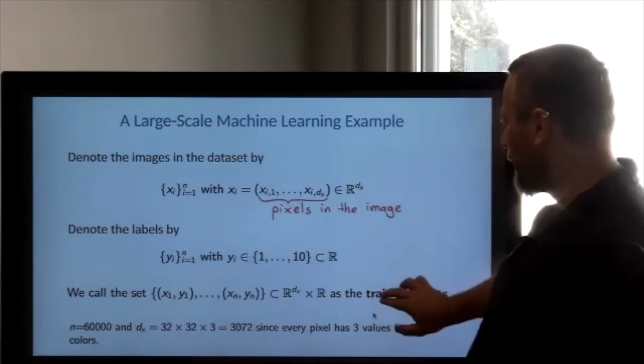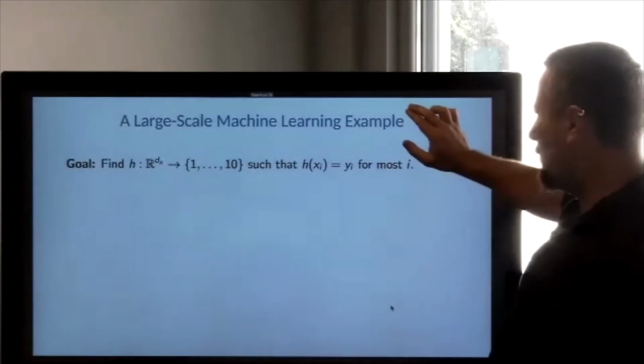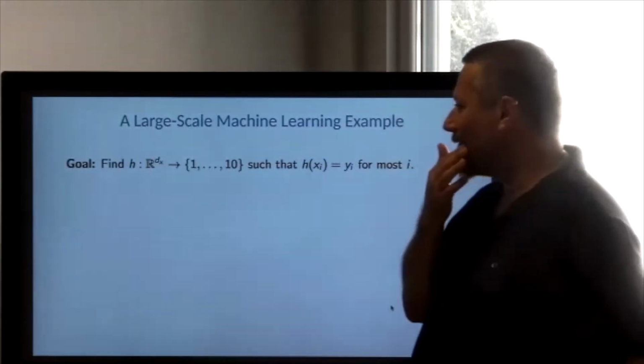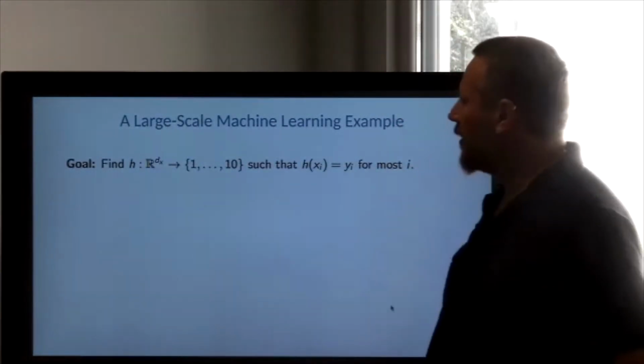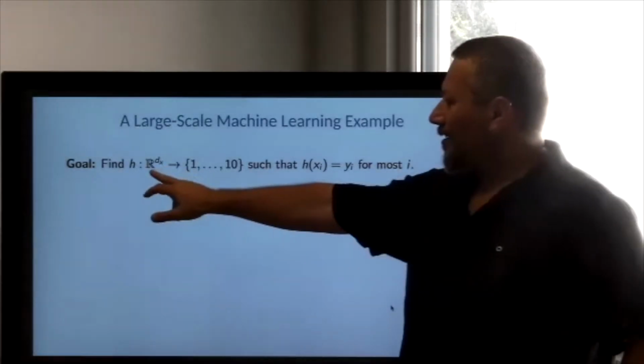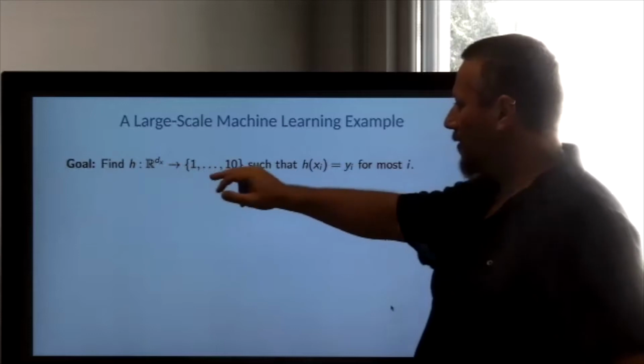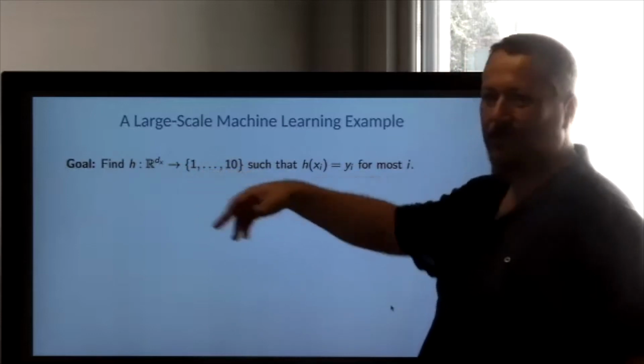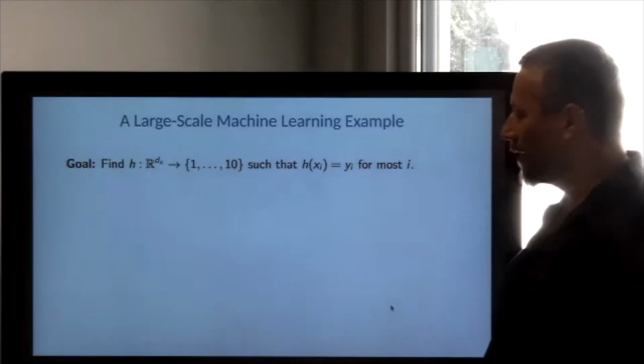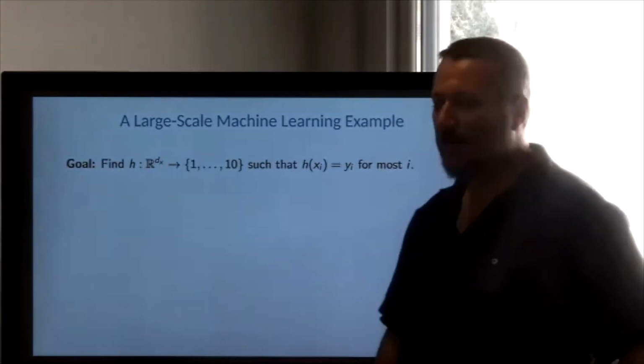All right. So our problem is we want to find a function, basically, which looks at the space of these photos, these pixels, and spits out an output, an integer from 1 to 10, which gives us the label of the picture.